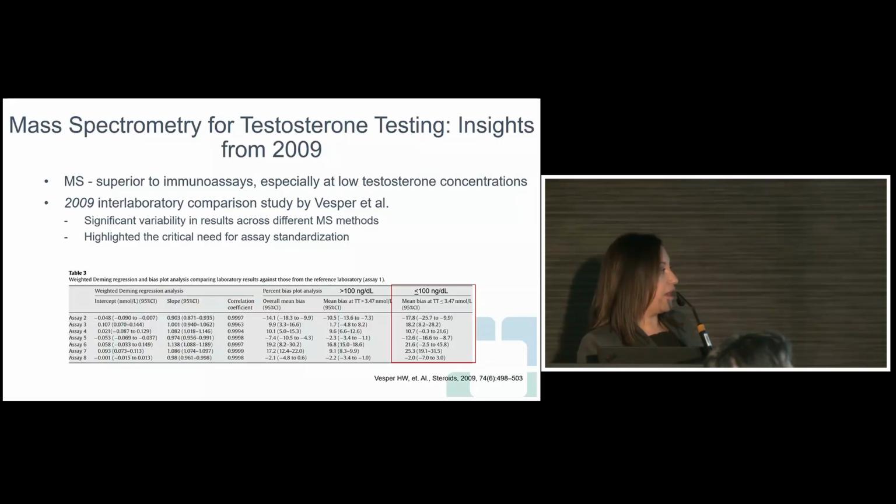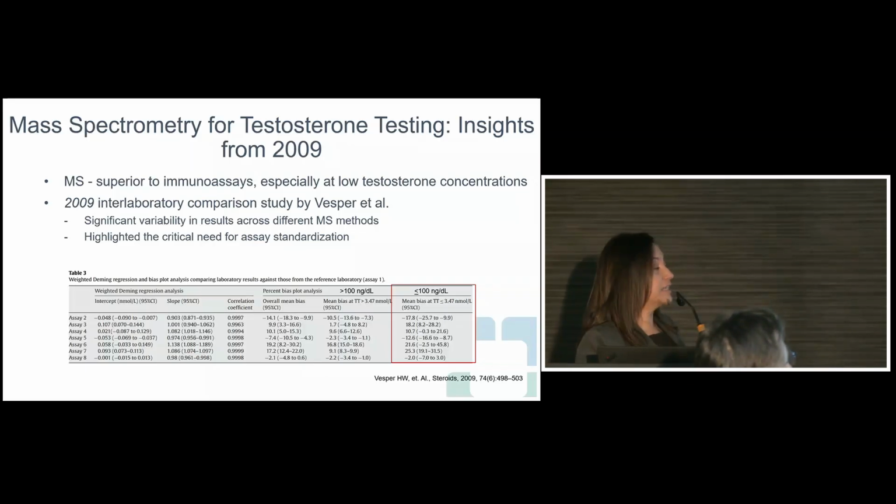And these are more highlighted or larger at low concentrations under 100 nanograms per deciliter, which are the concentrations that we will emphasize in the measurement of testosterone in female and children.